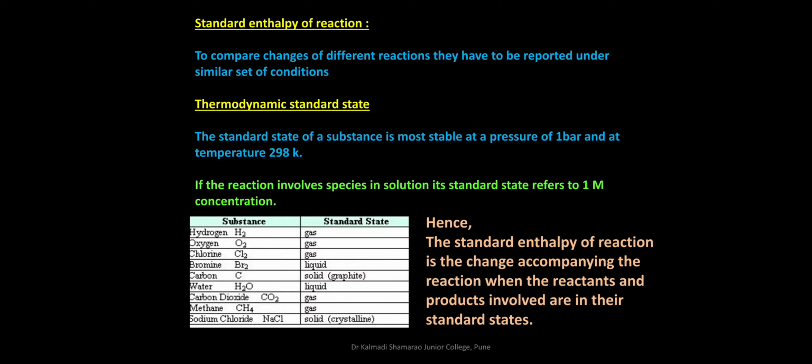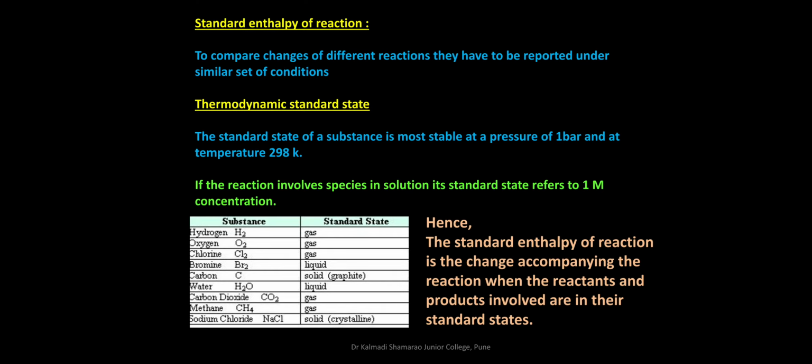That is, hydrogen in the standard state is gaseous, oxygen is gaseous, chlorine is gaseous, bromine is liquid, carbon is solid, which is graphite, water is liquid, carbon dioxide is gaseous, CH4 is gas, and sodium chloride is solid, which is a crystalline form.